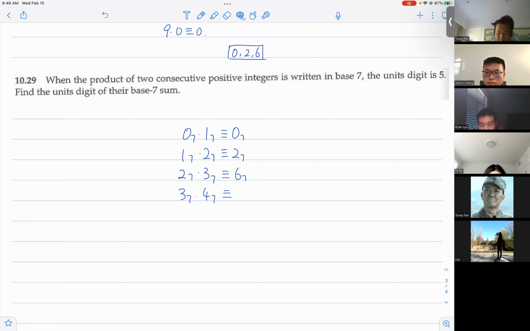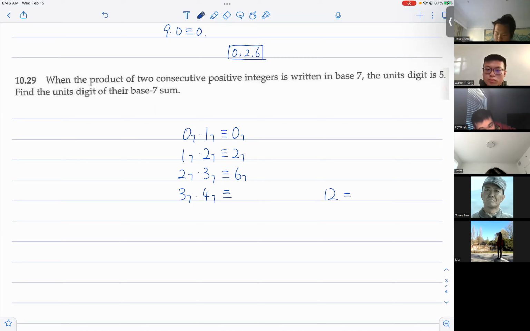Okay, so what about 12 if you express 12 in base 7? Lily, the unit digit is just the remainder when you divide that number by the base number, right? So what is the base 7 representation of 12?